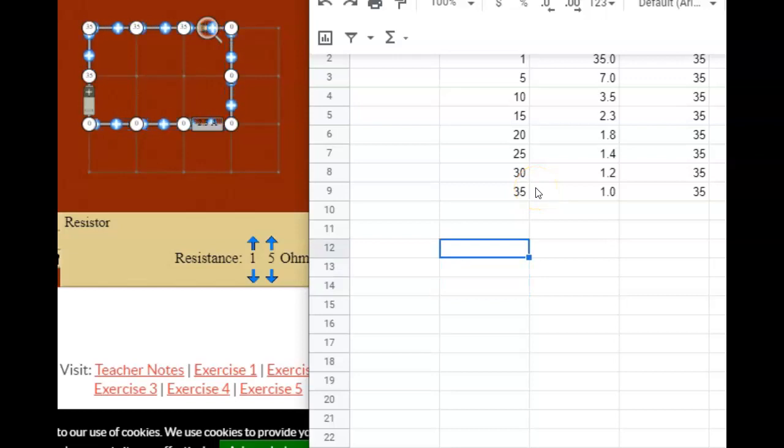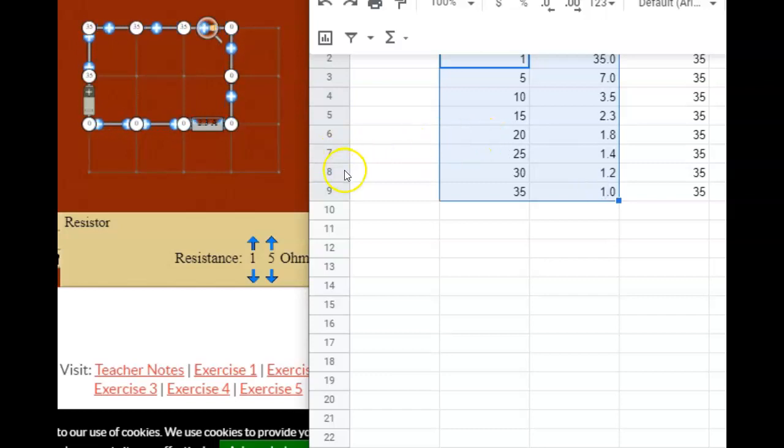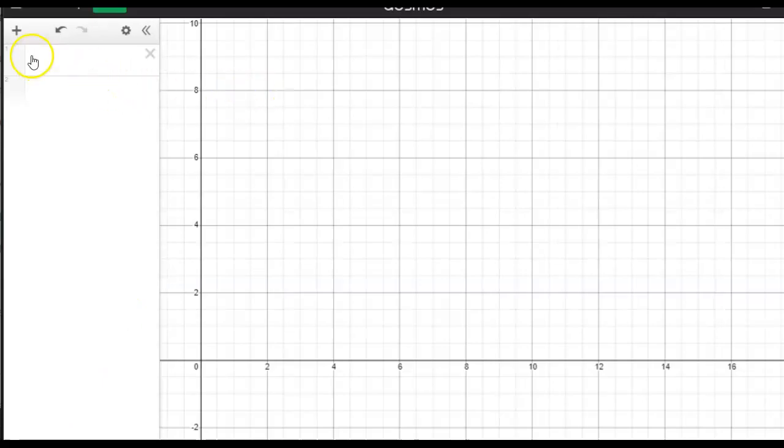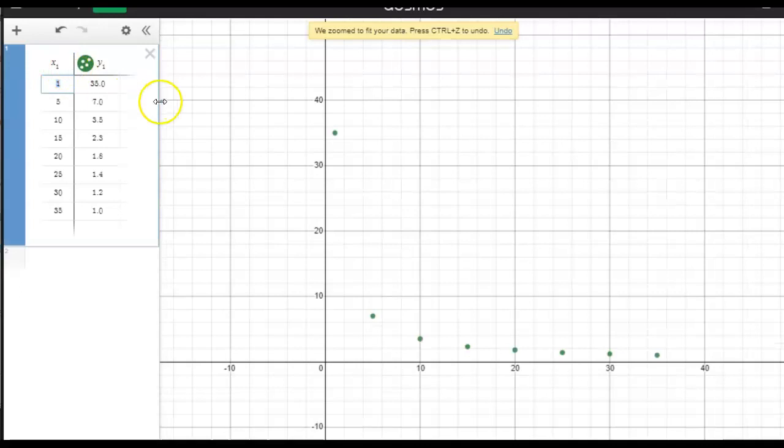And let's just copy our data off of the spreadsheet here. And we'll open up Desmos and we will graph that. So we'll paste those two columns here in Desmos.